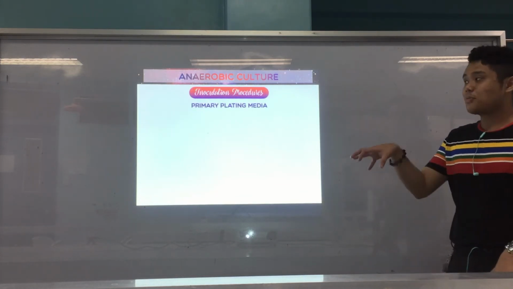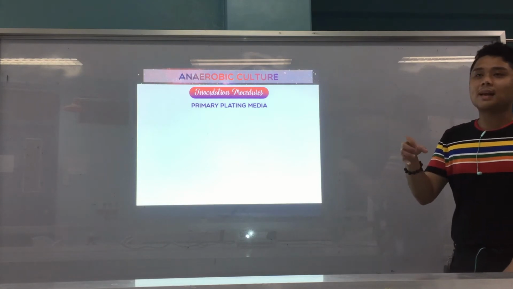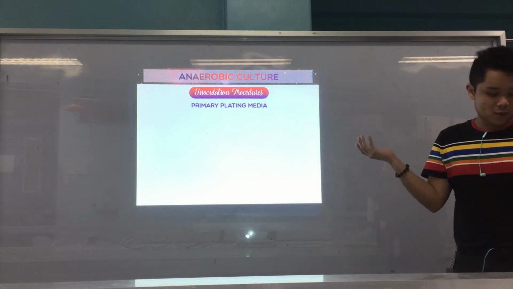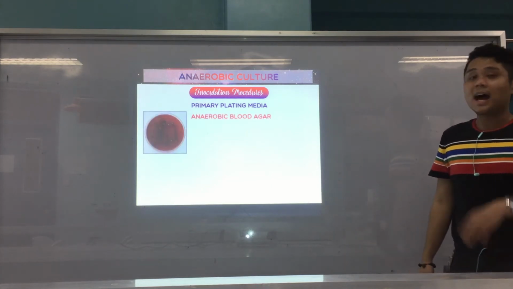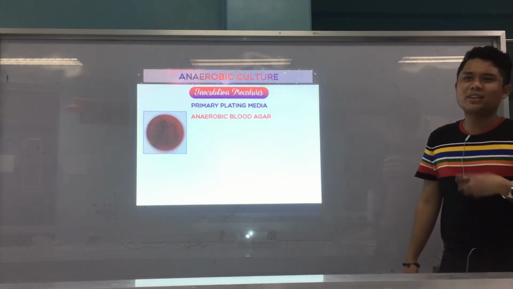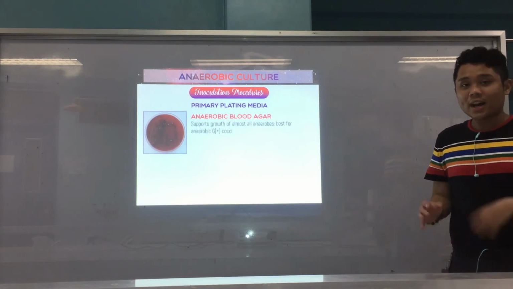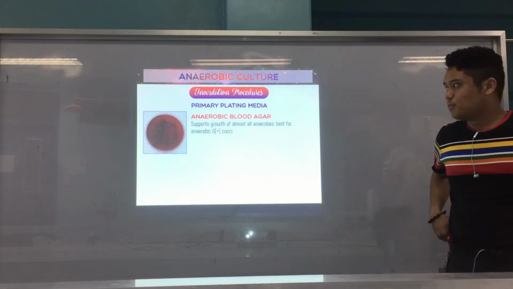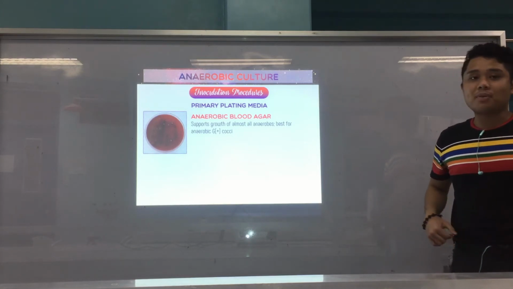We'll start with the primary plating media. What culture media can we use as primary plates for our anaerobic culture? First is of course blood agar, but anaerobic. It's just a normal blood agar, but incubated anaerobically. It supports the growth of almost all anaerobes, and it's best for anaerobic gram-positive cocci.